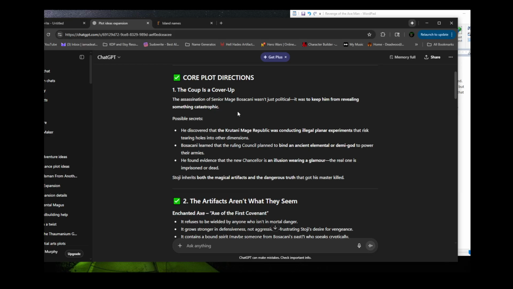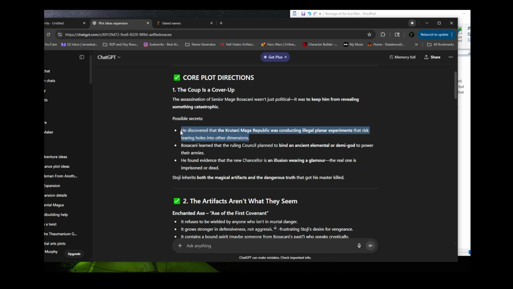So the coup is a cover-up. That is interesting. So it gives some possible secrets. The major public was conducting illegal planar experiments that risked tearing holes in other dimensions. Okay, I like that. This gives the coup more depth.